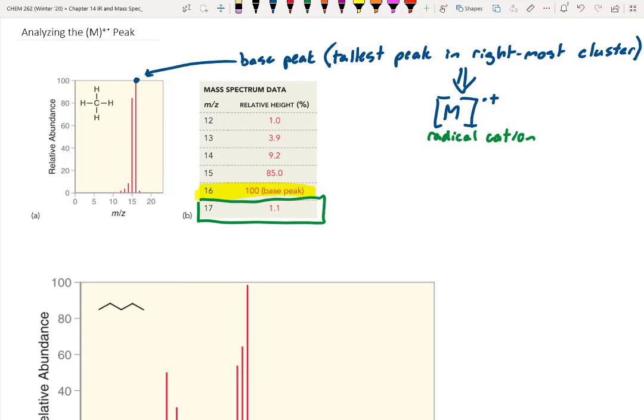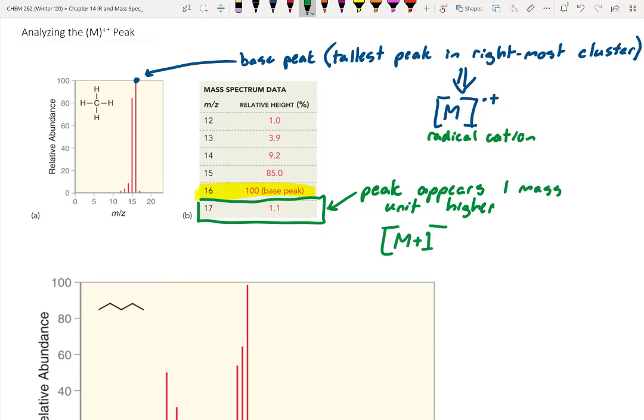Not resonance. So let's make a note. This is a peak that appears 1 mass unit higher. So what we call this is our mass plus 1 radical cation peak.